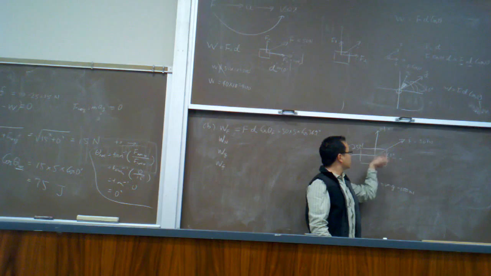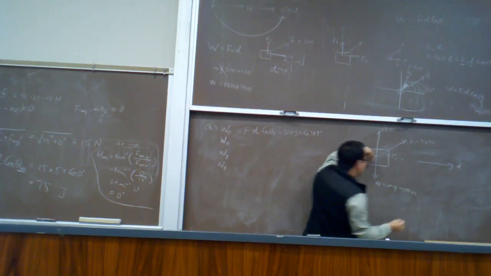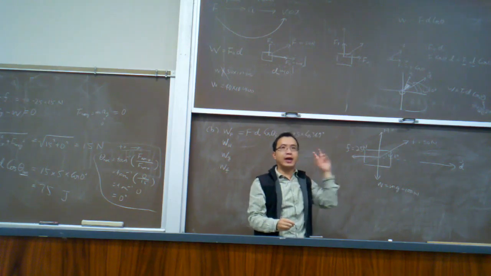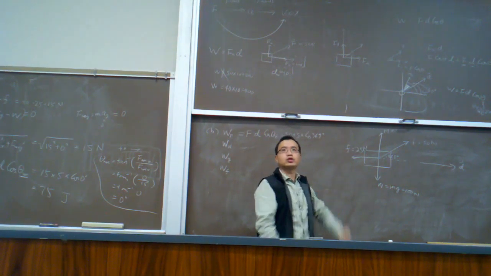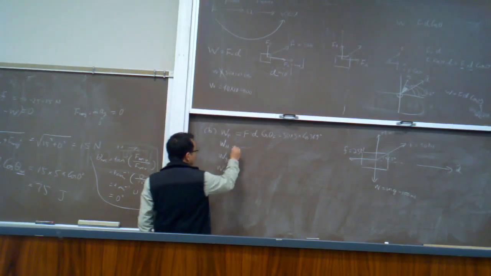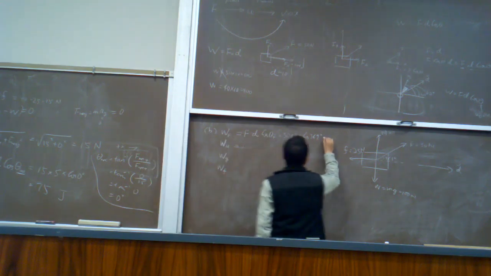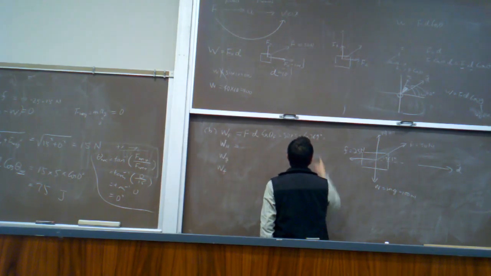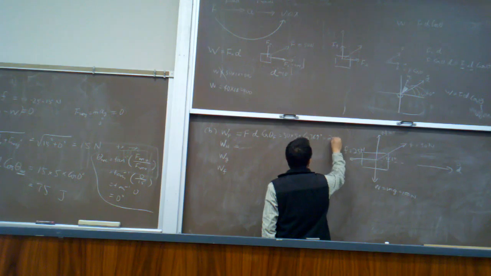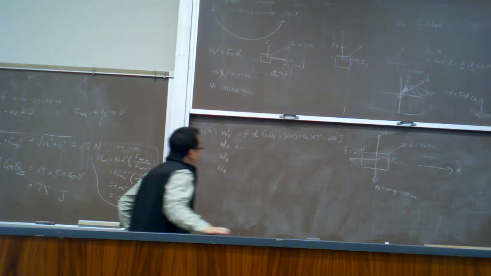This angle is the angle between this force and the direction of the motion. So 50 times 5 times cosine 36.9 is 200.